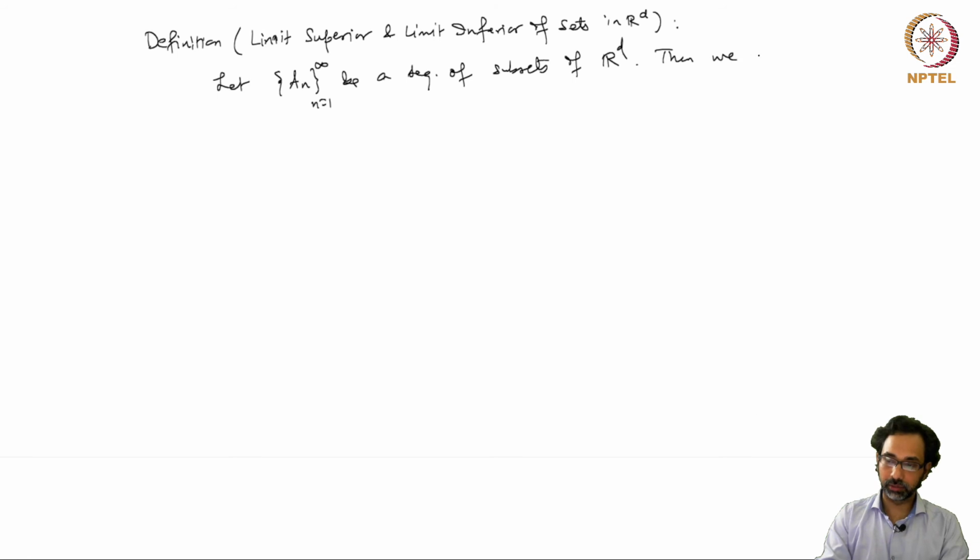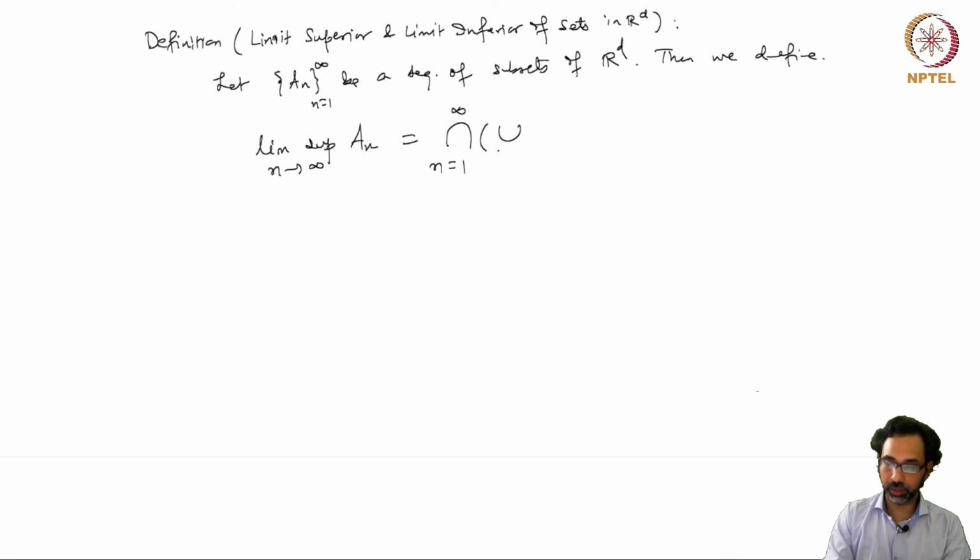Then we define the limit superior, lim sup of A_n as n goes to infinity. This is by definition the intersection over n equal to 1 to infinity of the union over m greater than or equal to n, so m from n to infinity, of A_m.